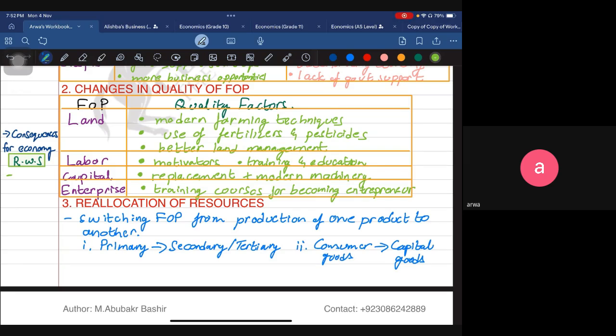It can increase the national income, or it can also increase the living standards for the people in the economy because they're having an increase in the output of both goods. And also, if output is increasing, some firms need extra labor, so it can increase employment as well.